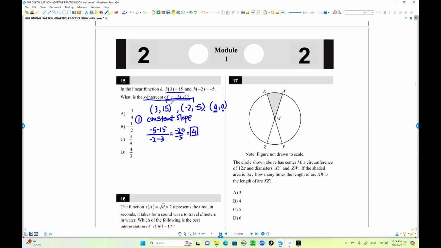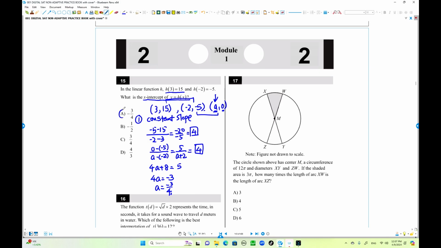Now I'm going to use these two: 0 minus negative 5 over a minus negative 2, which equals 5 over a plus 2. That equals the same slope, 4. So 4a plus 8 equals 5, so 4a equals negative 3, and a equals negative 3 over 4. That is the value of a, which is the x-intercept.